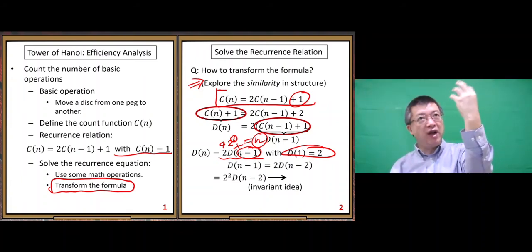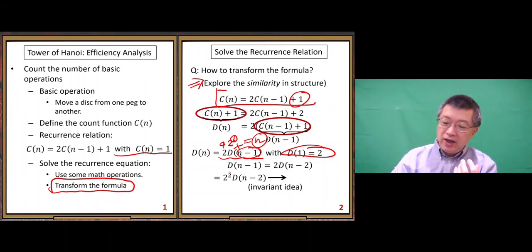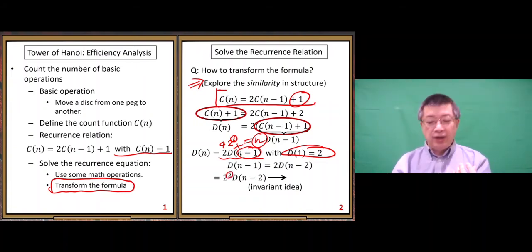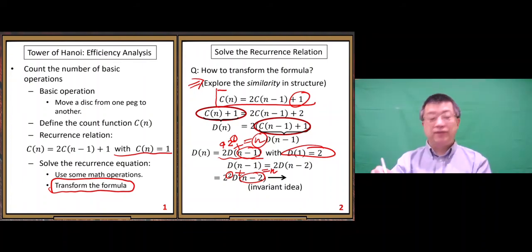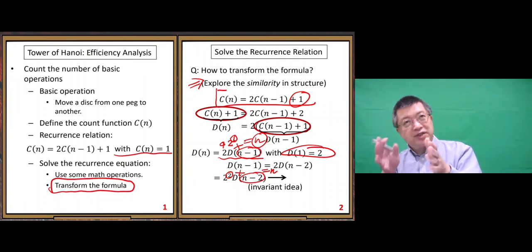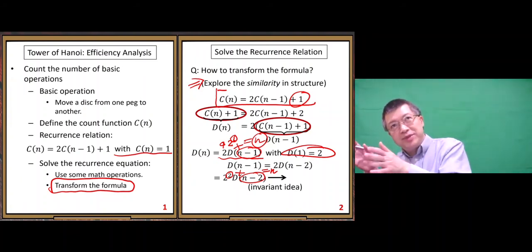All right, let's verify it another time. Here, the exponent number is 2, and the current problem size is n minus 2. These numbers added together also equal n, the invariant number. Now you do this for all the intermediate steps.